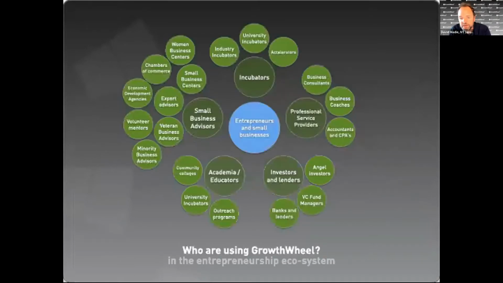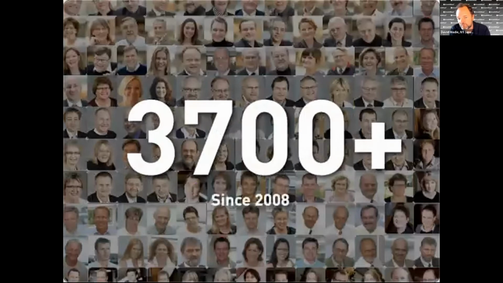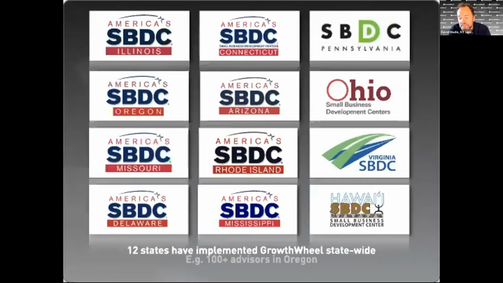We're used by incubators, small business development centers, academic institutions, investors, lenders, and professional service providers, and we have trained and certified more than 3,700 business advisors since 2008, of which we have already 19 on the call here today. We are used in 49 states in the US, and there are 12 state networks in the SBDC world who implemented GrowthWheel statewide.